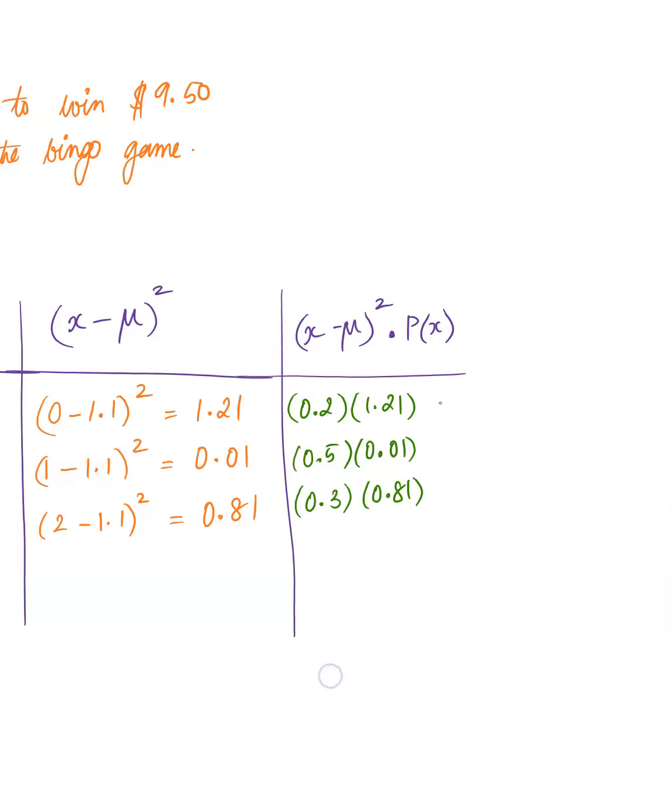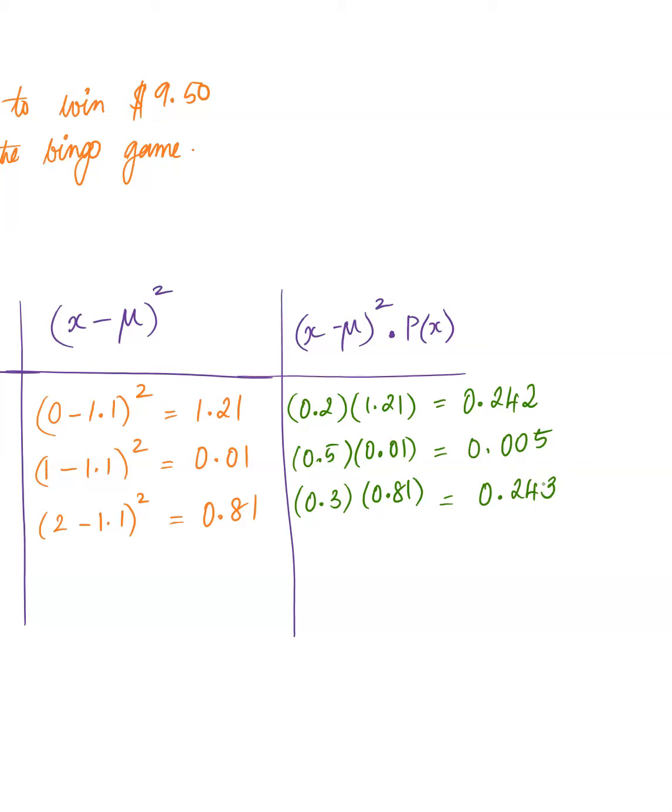Then go ahead and multiply them out. Use your calculator. That comes out to be 0.242, 0.005, 0.243. There are 3 decimal places in all of these, right? So watch out for that.